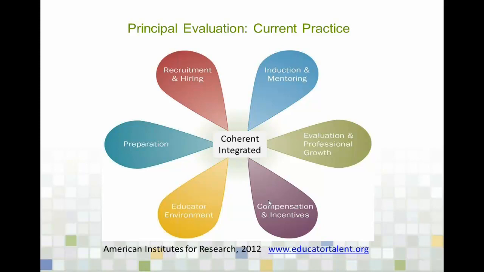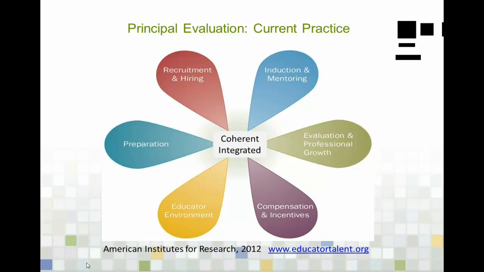And then they're naturally compensated and provided other incentives. The environment, whether that's within the district or the school, can be shaped to improve their practice, either through alternative staffing measures or other measures to free up time for principals to focus on instruction.